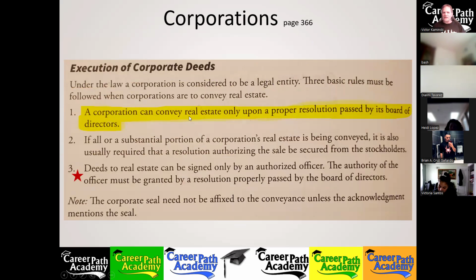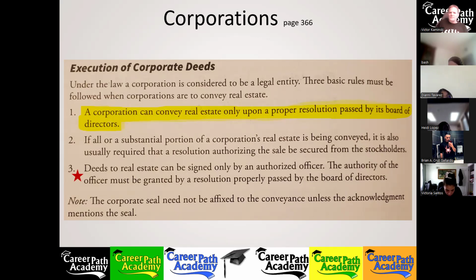A corporation can convey real estate only upon a proper resolution passed by its board of directors. So if somebody comes to us and says the corporation owns this property and wants to list it for sale with you, you need them to provide that corporate resolution showing that the board of directors has authorized the sale of the property.